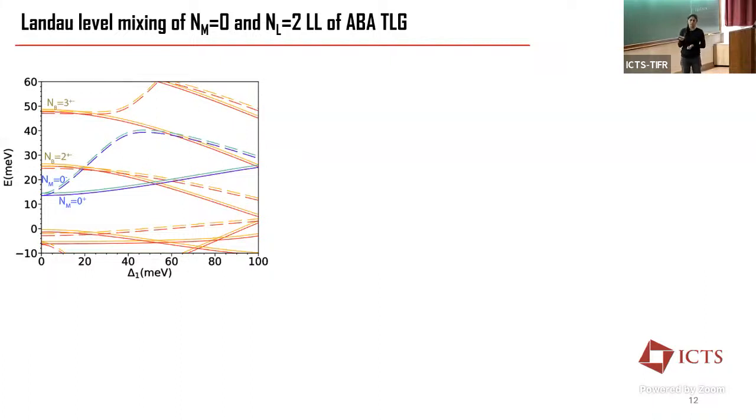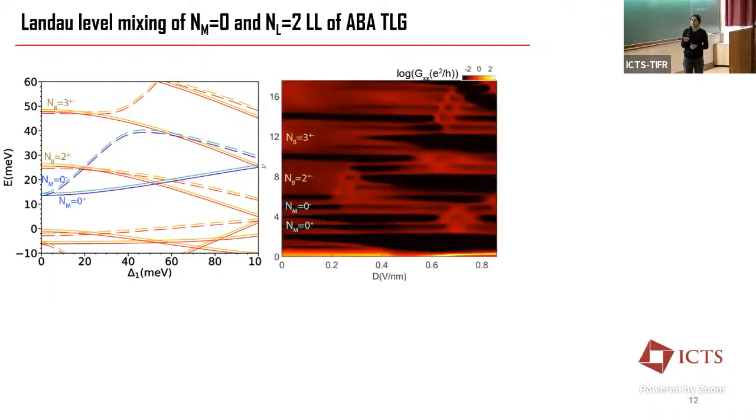So this is delta, which is proportional to the vertical displacement field, and these are the various Landau levels in the trilayer graphene. We are mostly focused on the N=0 Landau level, where we see the fractional quantum Hall states and where we see this breaking of fractional quantum Hall states.